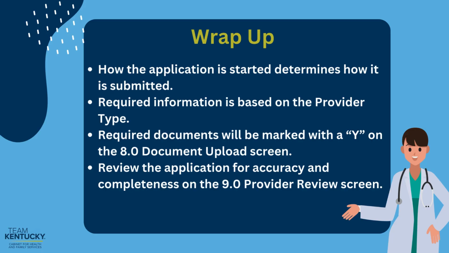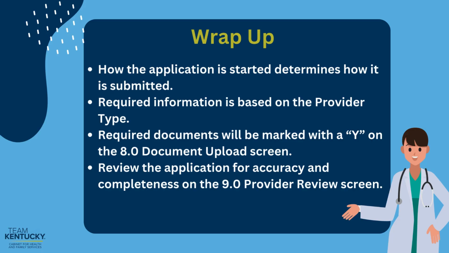For the 1.7 Address Information screen, 3 addresses are required. For the 2.2 License Information screen, ensure the green Save and Next button is selected to save all license information. Required documents will be marked with a Y on the 8.0 document upload screen. Additional documents can only be deleted during a new enrollment.